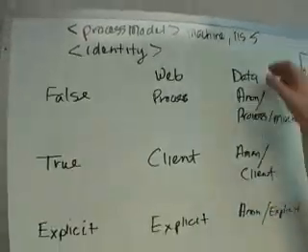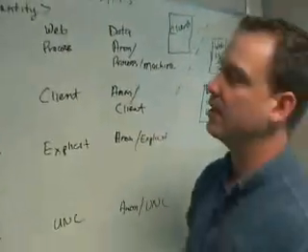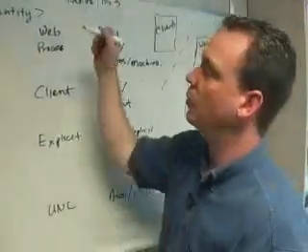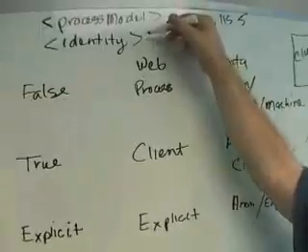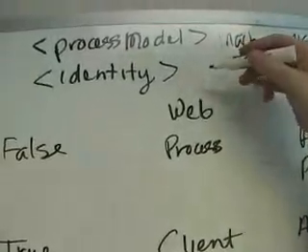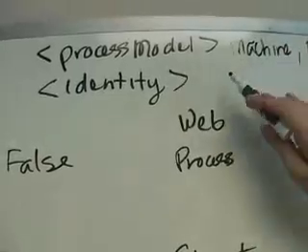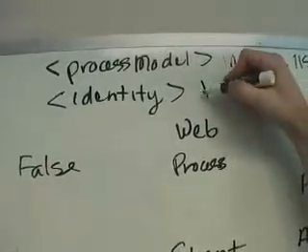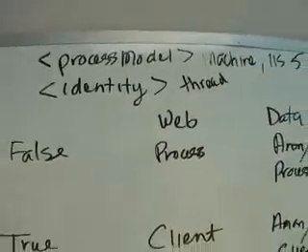So the process model selects the account used to run the entire web process. The second section that we'll talk about is identity. This is a section that controls per client impersonation or lets you run things with a specific impersonation account. So basically this controls the identity of the thread used to process a given request.